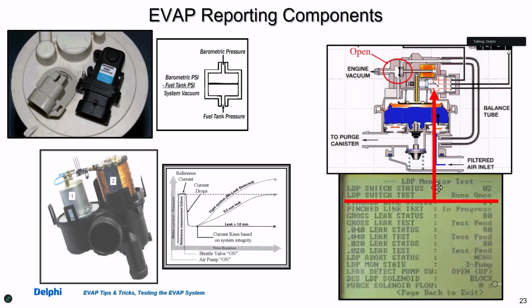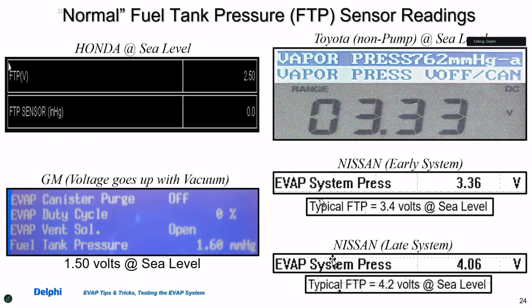If it's not changing, it could be the purge isn't open, it could be a large leak, or it could be a bad FTP. Before you pull out the smoke machines and do what we're going to do later, make sure you check this before moving on.